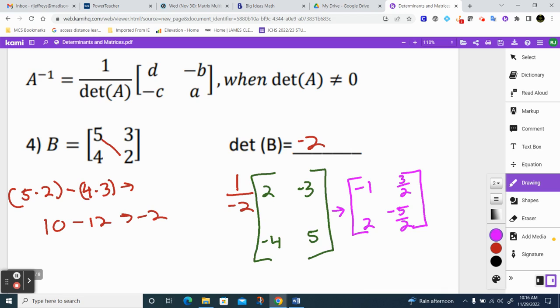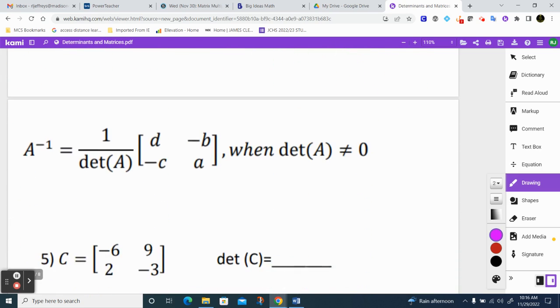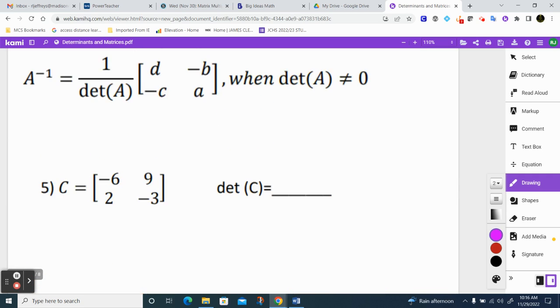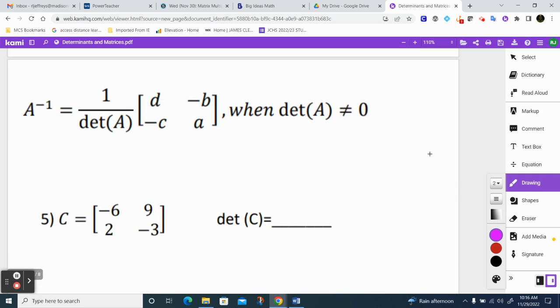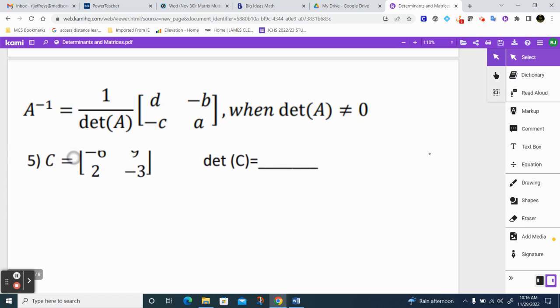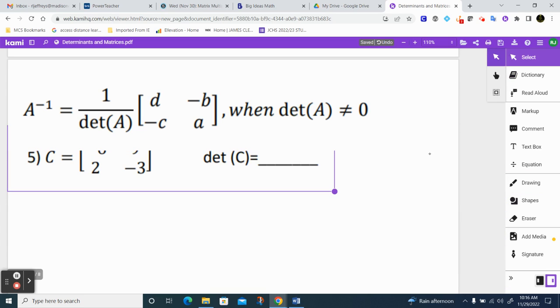All right. Are we good with number 4? Okay. All right. Number 5. First thing we need to do is to find the determinant. Oh, I just hid the problem from myself. That's great.